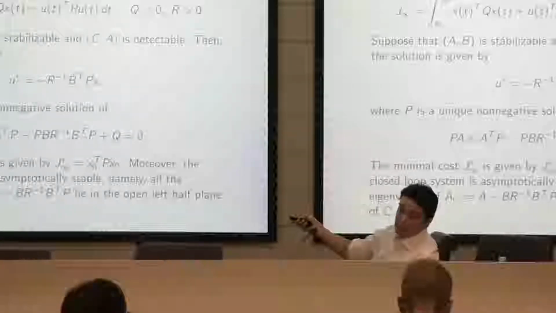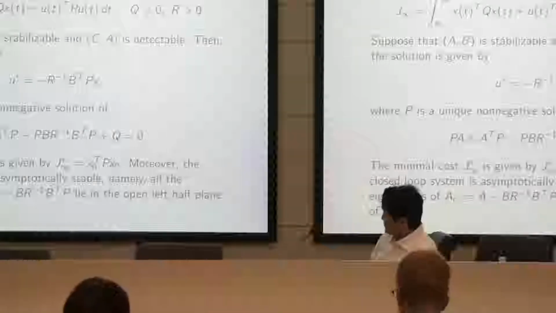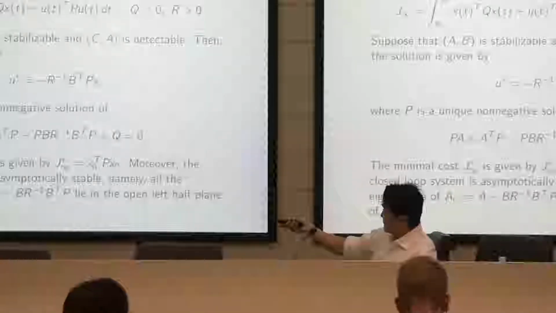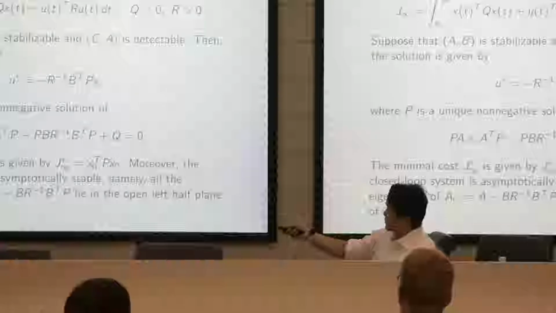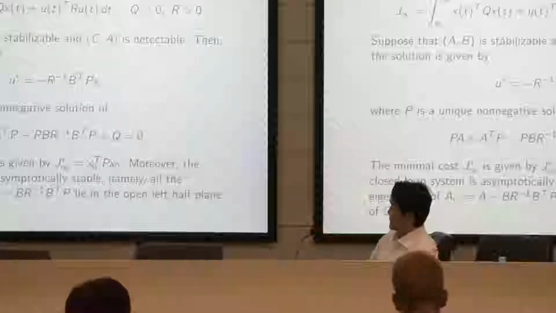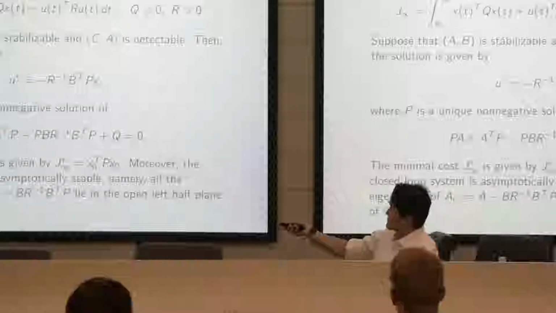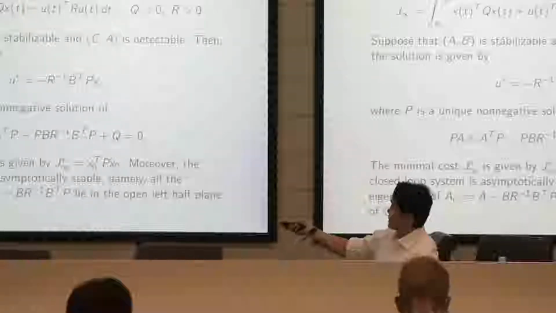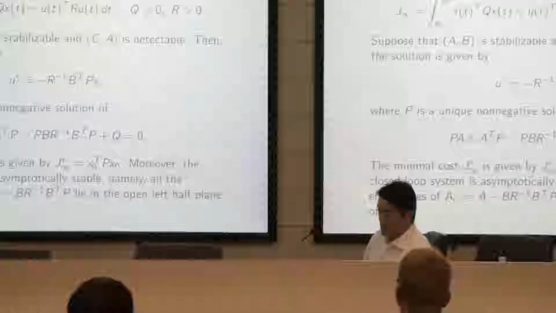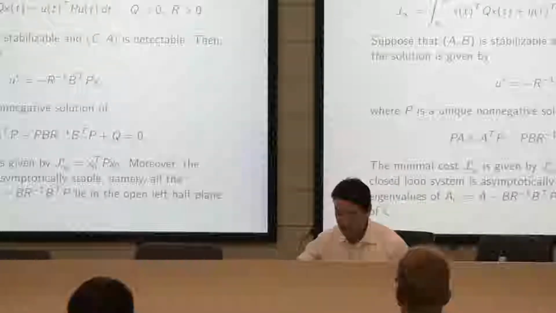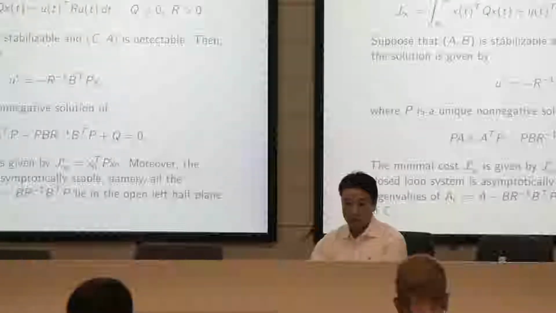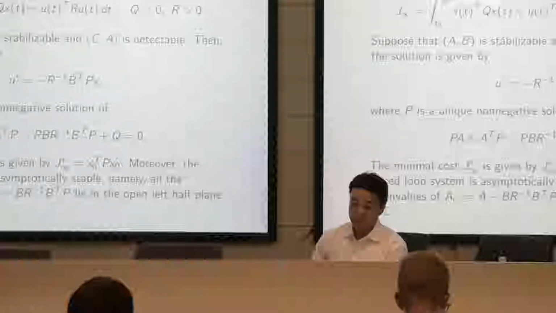This x naught is the initial condition. And moreover, this system will be asymptotically stabilized. Namely, this closed-loop matrix will be stable, or a Hurwitz matrix. So this is a standard LQ control problem.